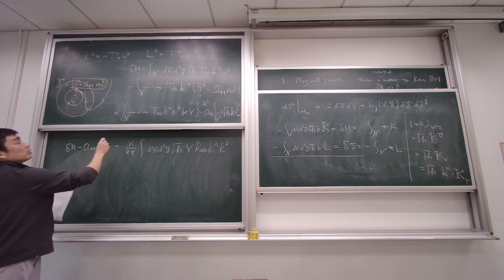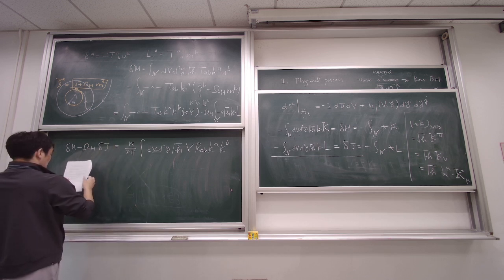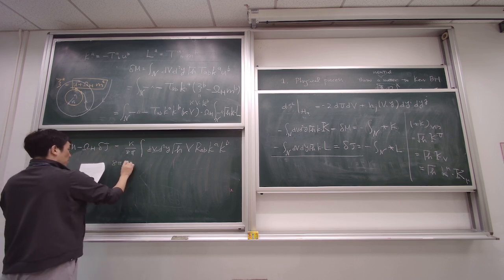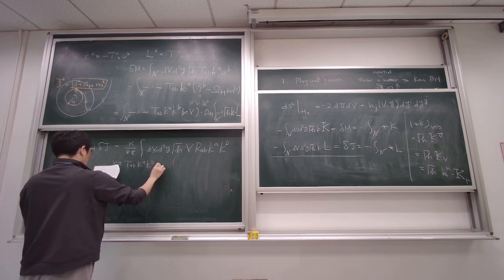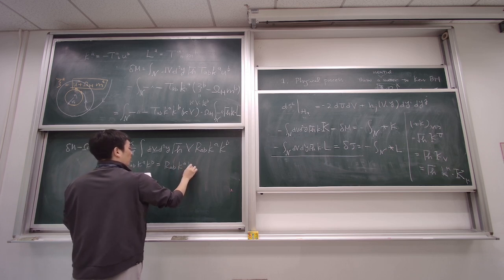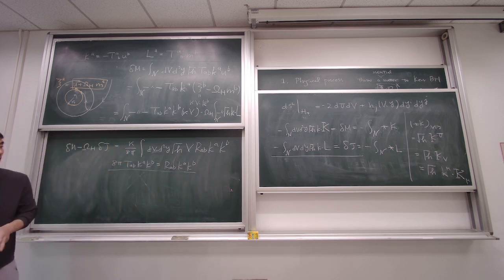So here we use the fact that the Einstein equation, 8 pi T_AB k^A k^B is equal to R_AB k^A and k^B. Okay, so this is the Einstein equation for null one.